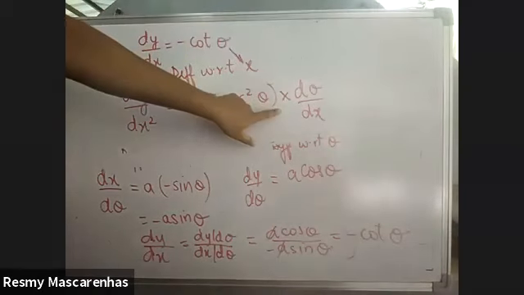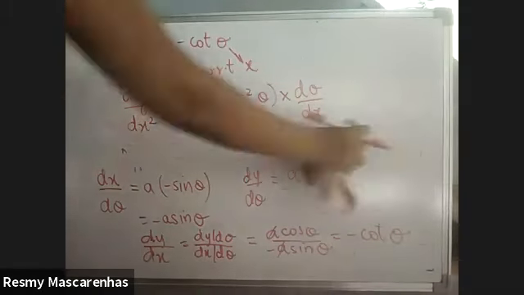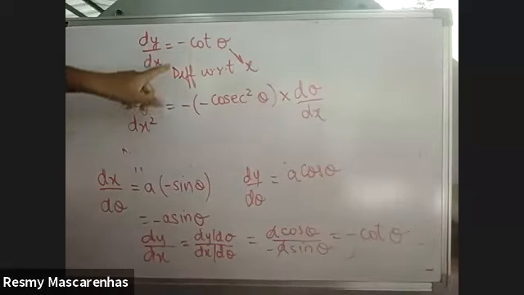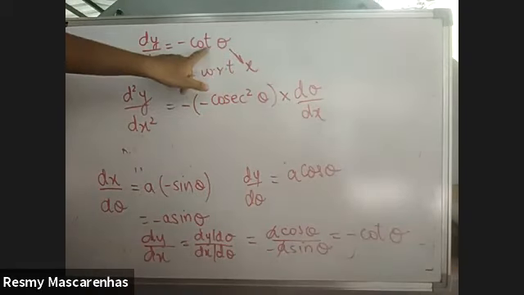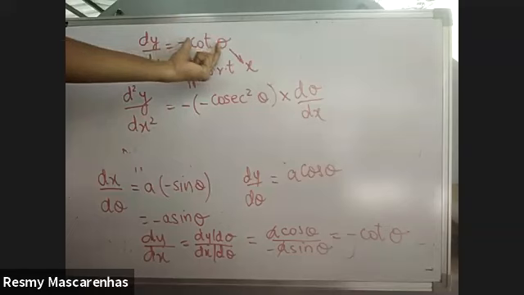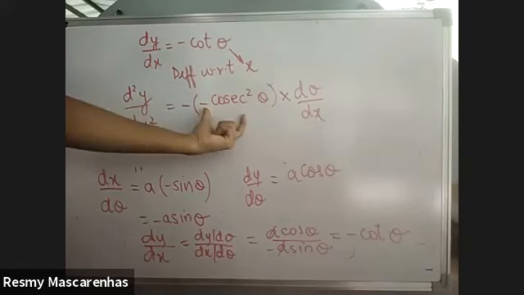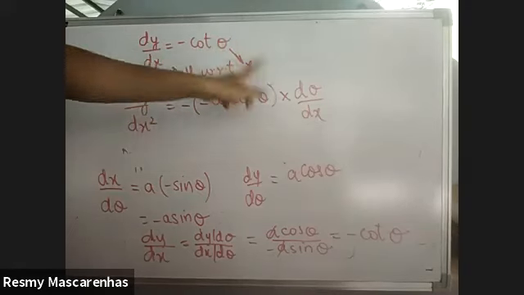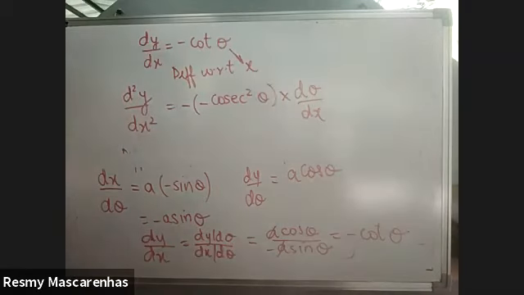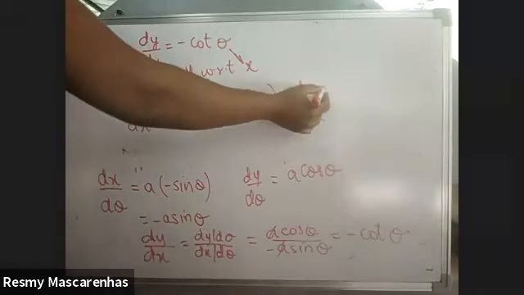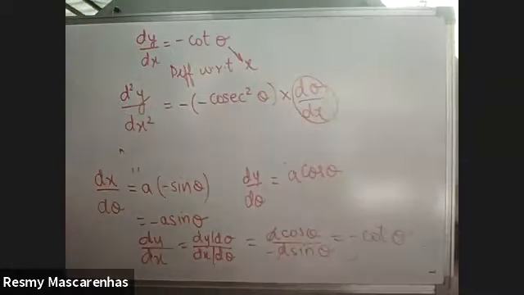So till this part, anybody has doubt, please ask. What I've done is just directly differentiated with respect to x. So derivative of cot theta will be minus cosec square theta. And since this is theta, extra d theta upon dx. Now this answer you will always get over here.